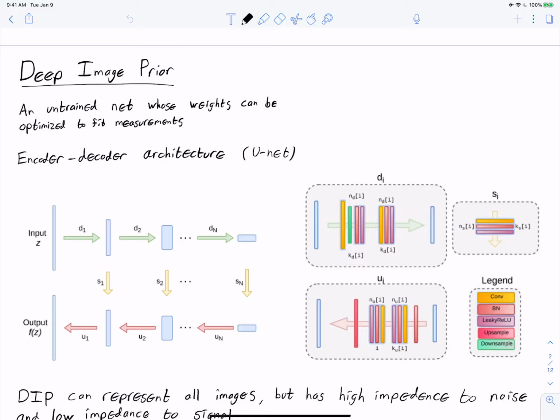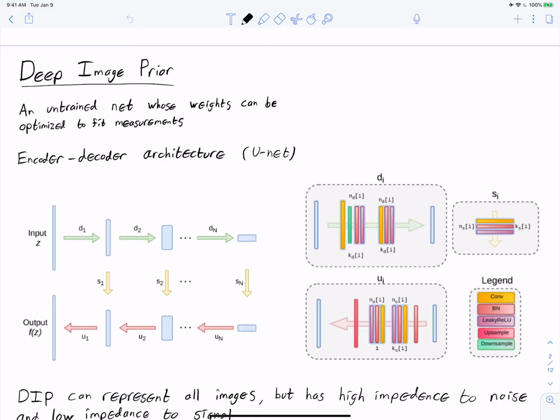Now, all of the downsampling layers are going to have this structure where the image that comes in is going to have a convolution, a downsampling, normalization, and then a ReLU. And then they're going to have another convolution, downsampling, batch normalization, and ReLU. And this is going to repeat.